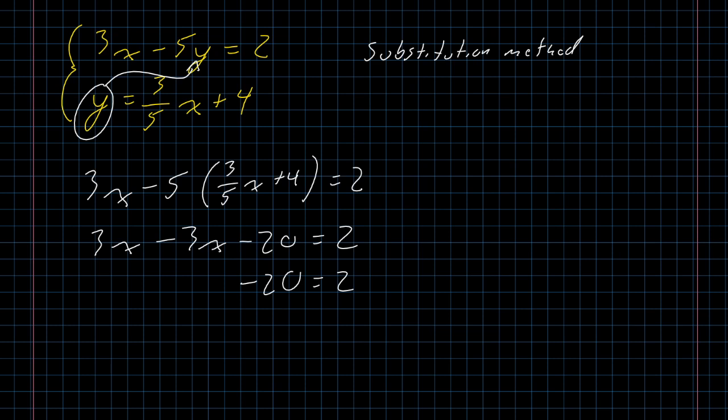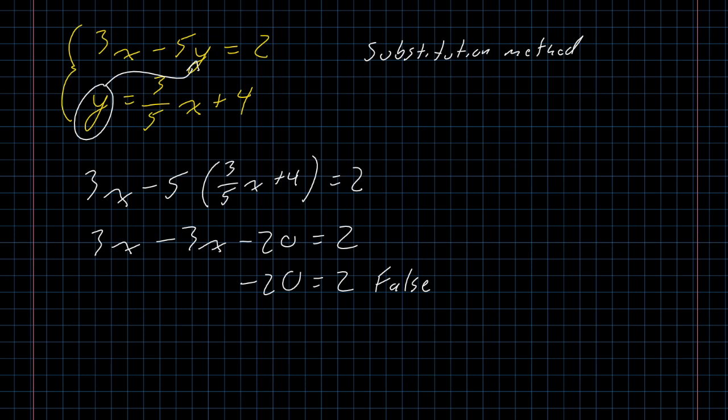I get that negative 20 is equal to 2, which I hope you will agree is false. This has nothing to do with the fact that we used the substitution method, and everything to do with the particular equations that we were looking at here to start.